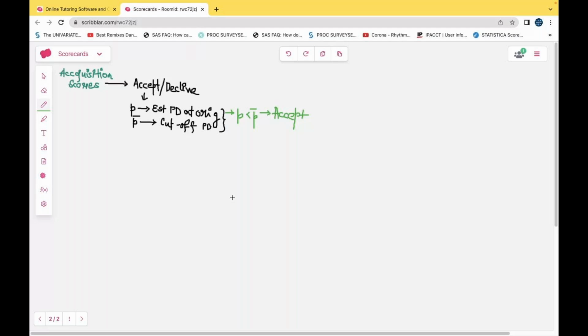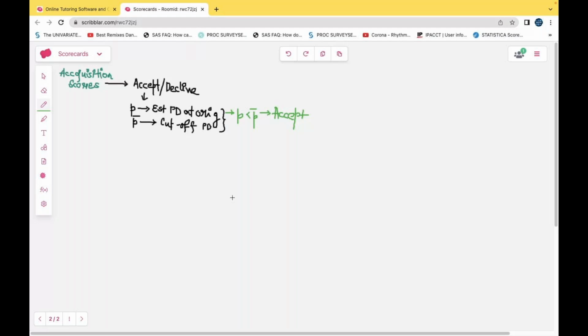So if your estimated PD is lower than the cutoff PD, then your score will be higher than the cutoff score. Either this is represented in terms of PD, or in terms of scoring. We'll talk about how the scores are calibrated when we discuss the model development side.